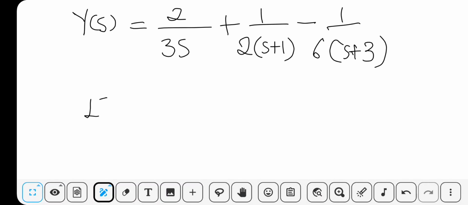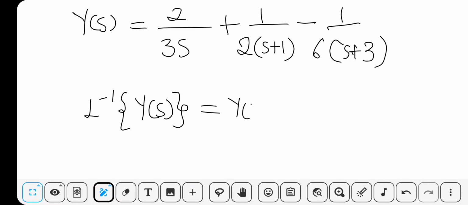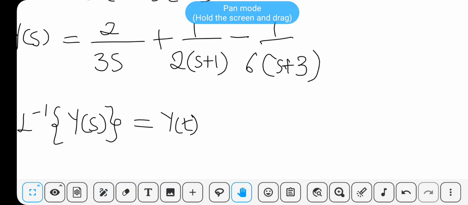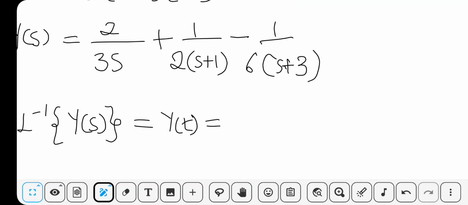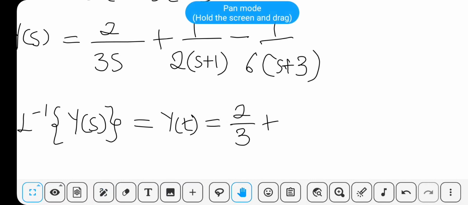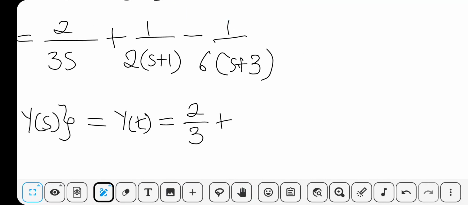So the inverse Laplace transform of Y of s is equal to y of t, which is equal to, from the table I sent in the post section, the inverse Laplace transform of 2/(3s) is just 2/3, plus the inverse Laplace transform of 1/(2(s plus 1)) is 1/2 e to the minus t.